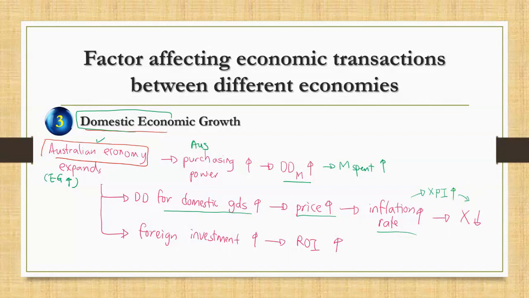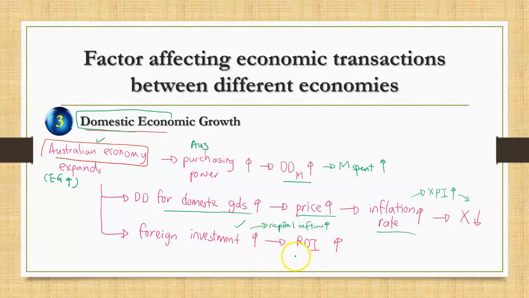Now for foreign investment, when the Australian economy expands, it will attract foreign investors to come in. When you attract more foreign investors, that itself contributes to capital inflow. It may increase, and of course, return on investment.